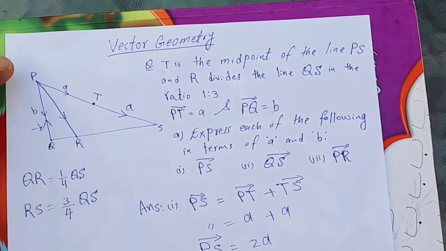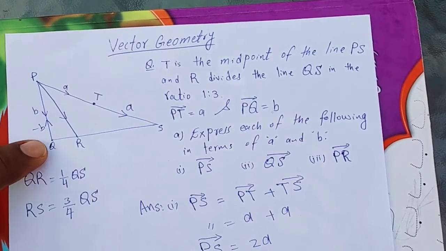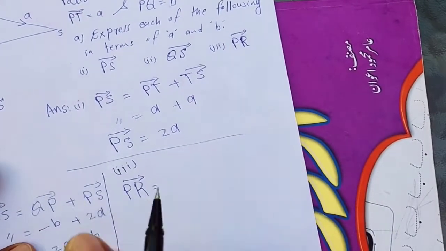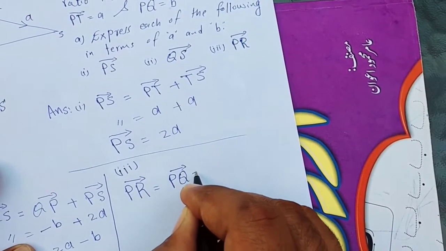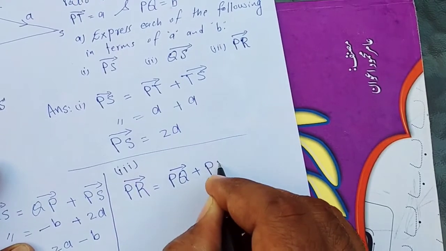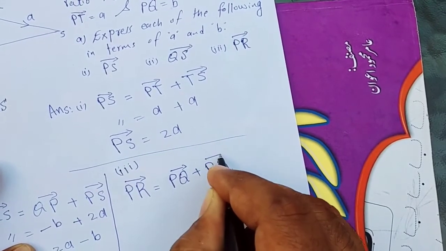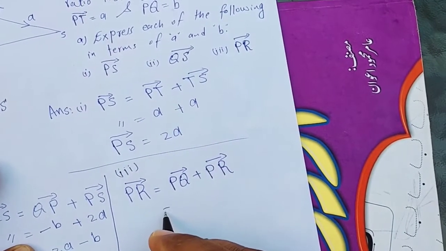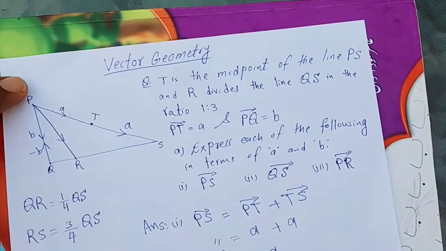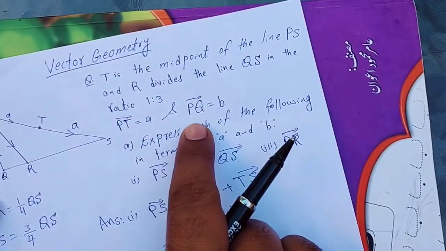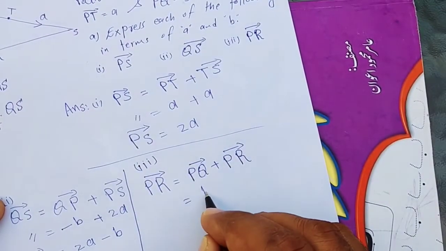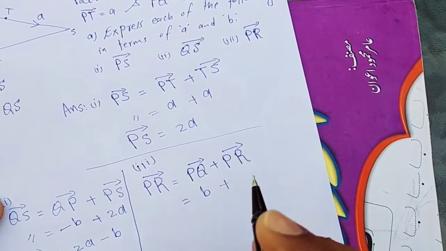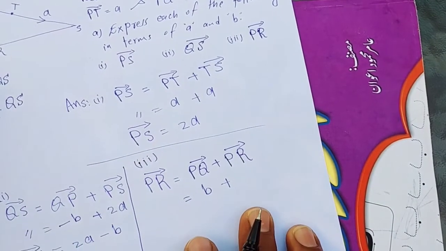PR equals PQ plus QR. PQ, we know what PQ is. It is given here in the question. PQ is equal to vector B.